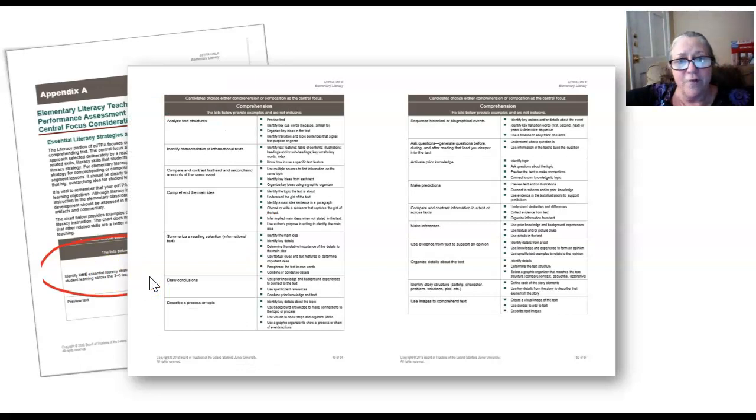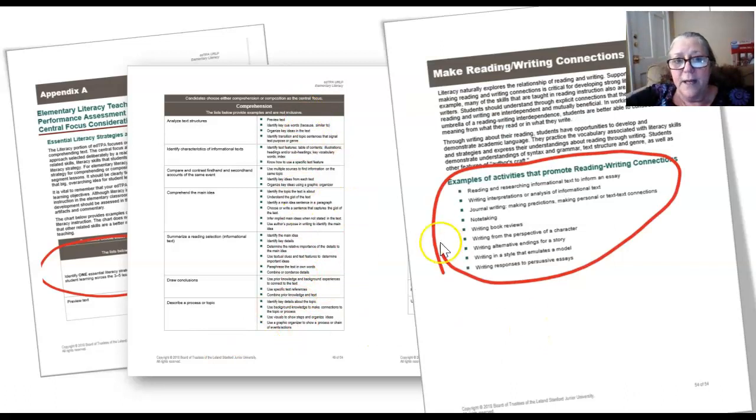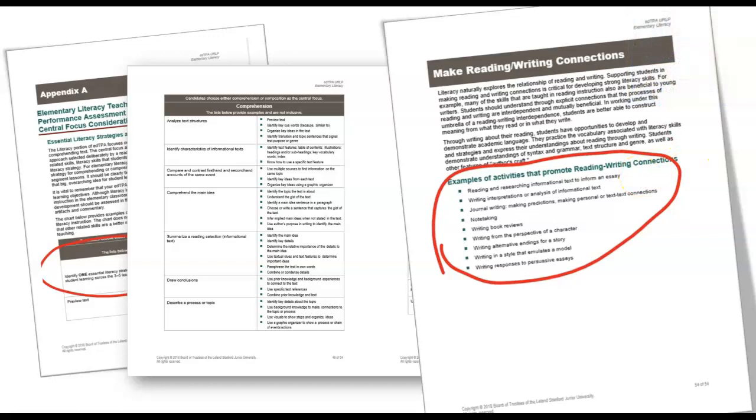And it goes on for several pages looking like this. Again, your central literacy strategies are on the left, related skills are on the right. There's actually 3 or 4 more pages, but at the end, here's where they talk about examples of activities that promote reading and writing connections, because they do talk about that in your prompt. You do have to write about reading and writing connections.